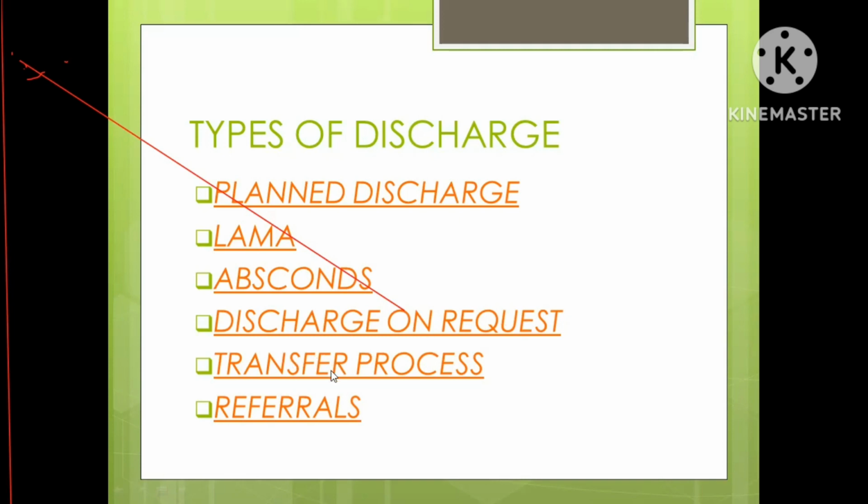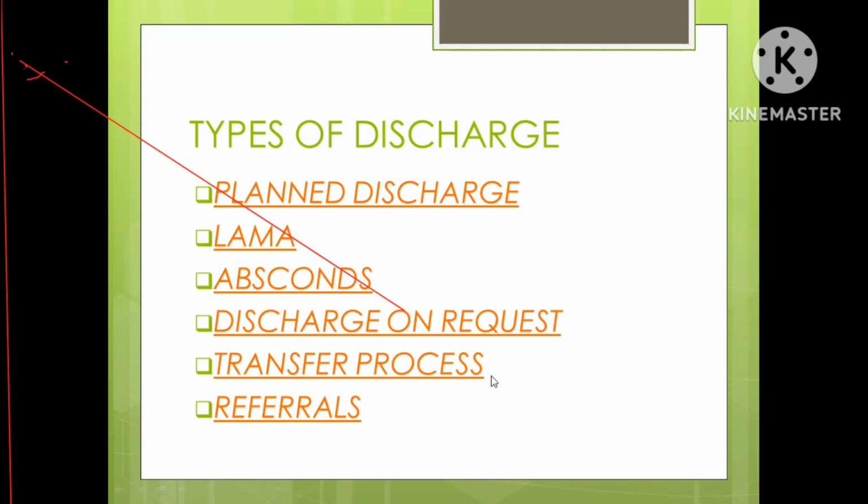Next one is transfer process. Some patients are getting discharged because of the transfer reason. If the patient is getting transferred to another department or another ICU, that process also comes under discharge. Discharge for transfer process.